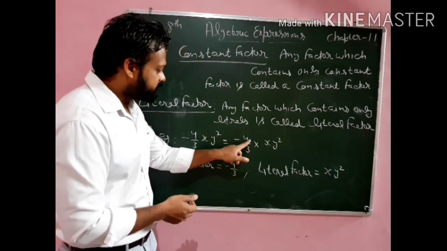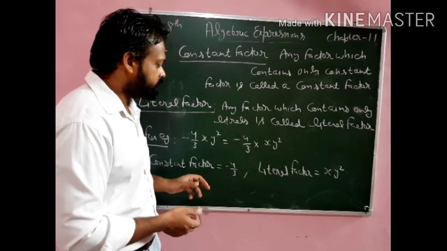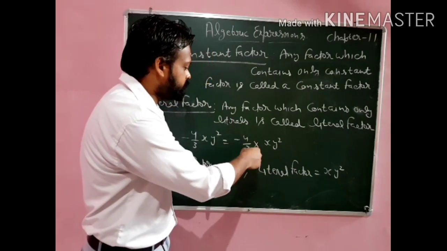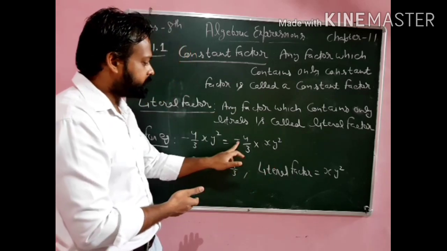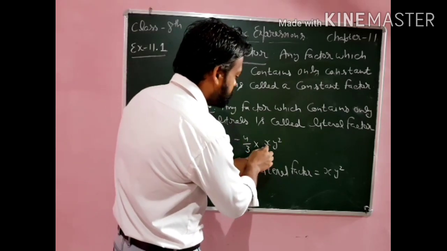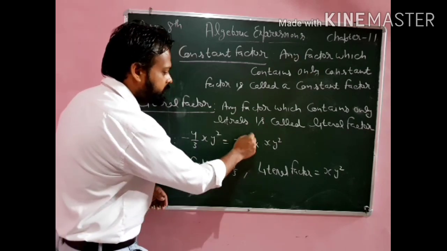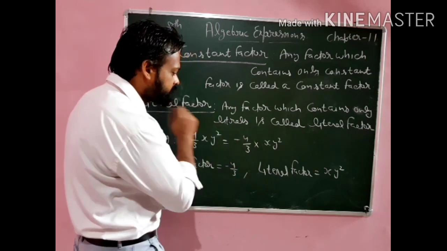So it will become minus 4 by 3 multiplied by xy square. So I find the factors. You just have to put the multiply sign between the terms to make the factors. So you can see this is only the numerical value, so it is a constant.